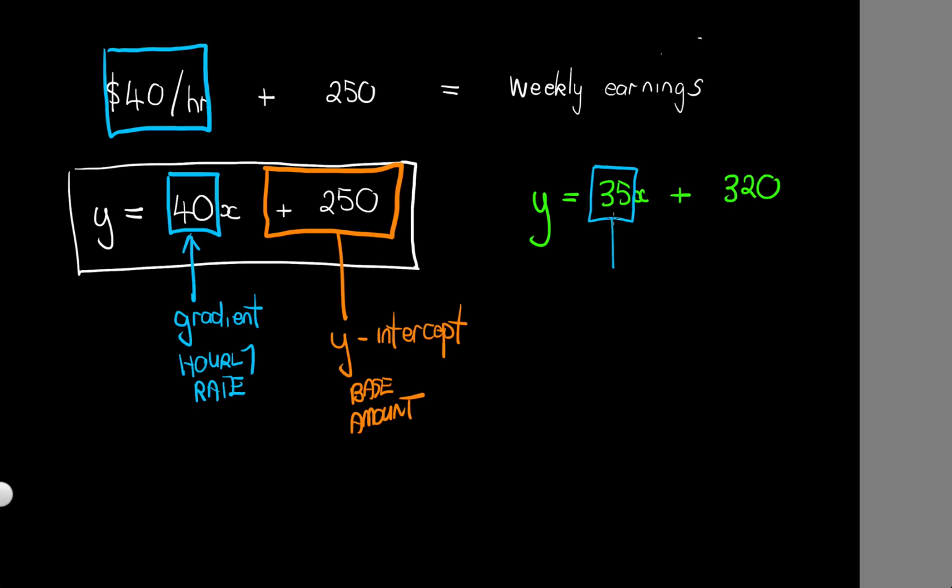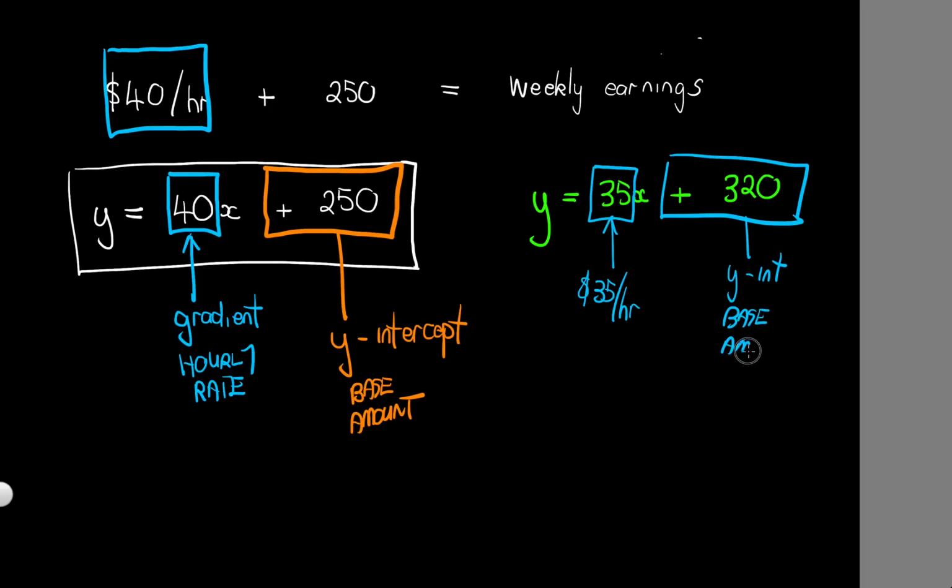So here the gradient will be $35 per hour, and the base amount they're going to pay us is 320. That's our y-intercept, which is our base amount.